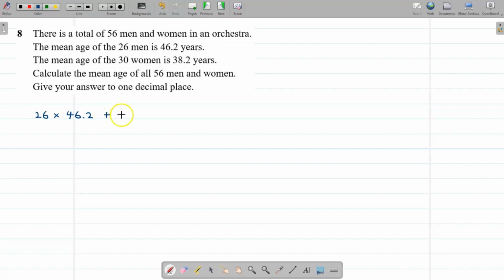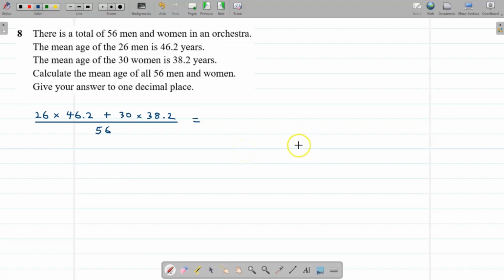And then the total age of all the women is 30 times 38.2. Then we divide that by the total number of people altogether, which is 56. So that's the calculation. Write it down, then put it in the calculator, because if you got it wrong, you would get no marks at all if you hadn't written any working down.